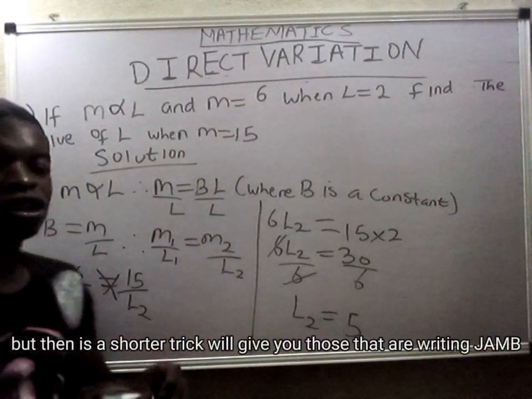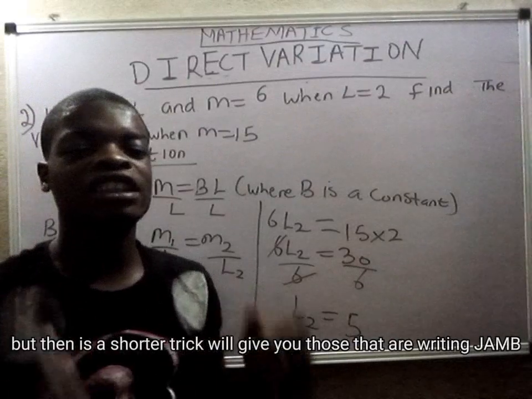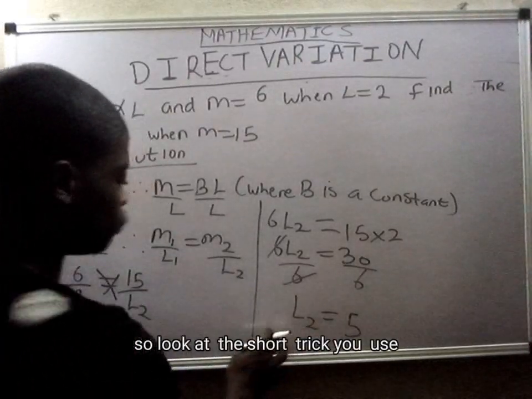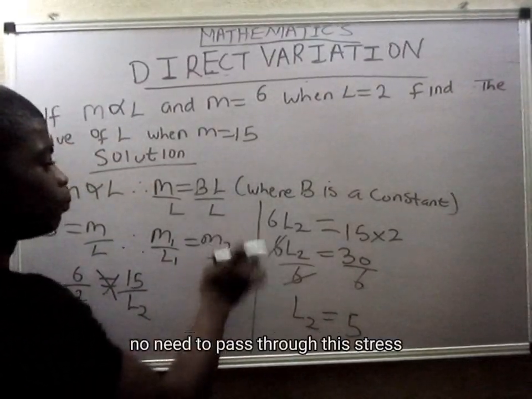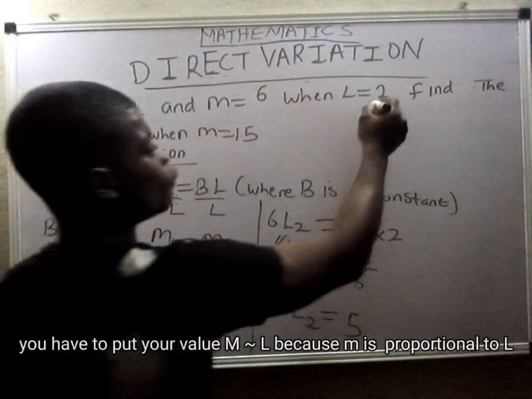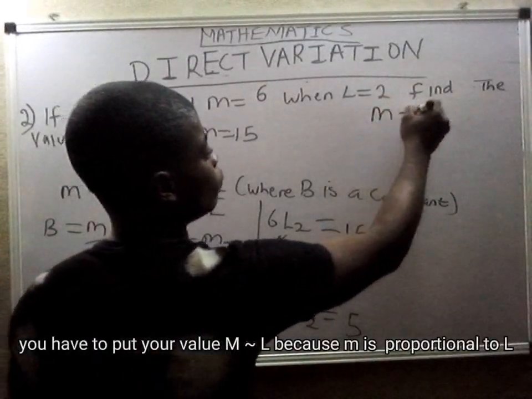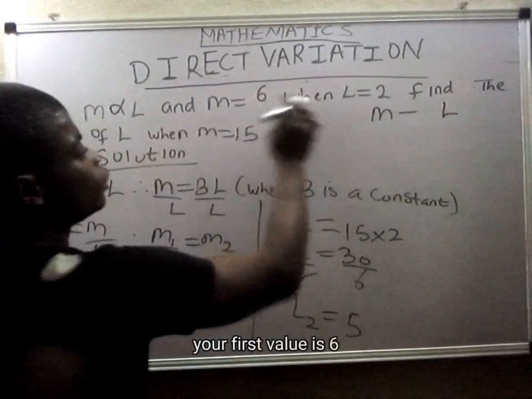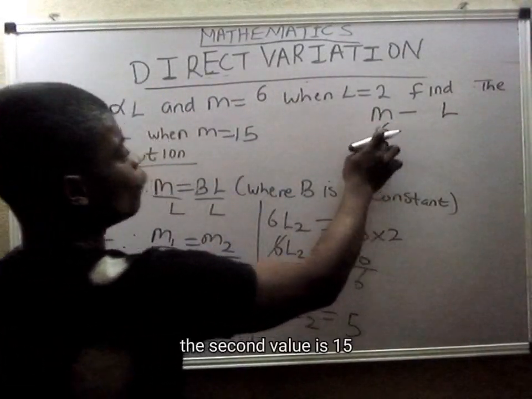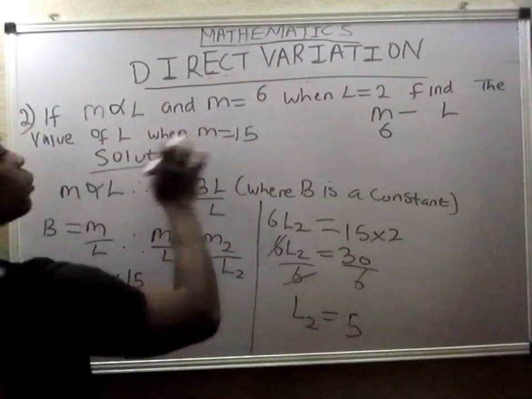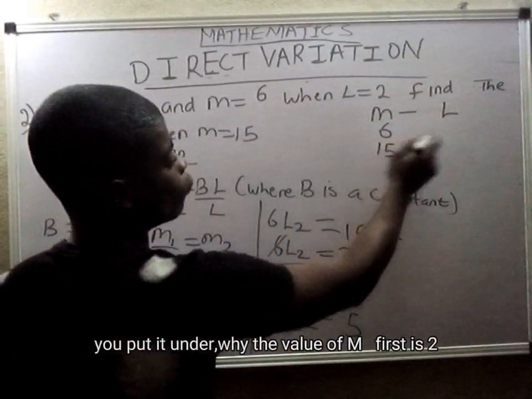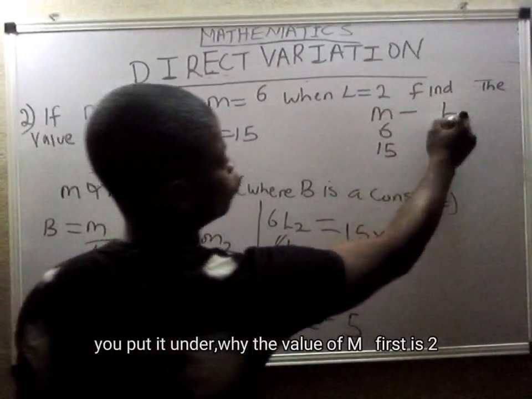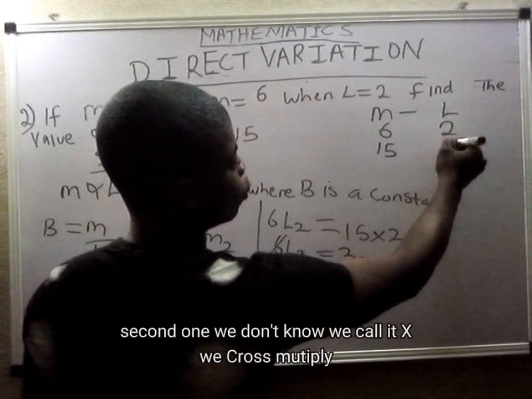But there's a shorter trick I will give you. So look at the short trick to use, so you don't need to go through this stress. You just put your value M, because M is proportional to L. Your first value is 6, the second value is 15. You put it under L. The first is 2, the second one we don't know, so call it x.